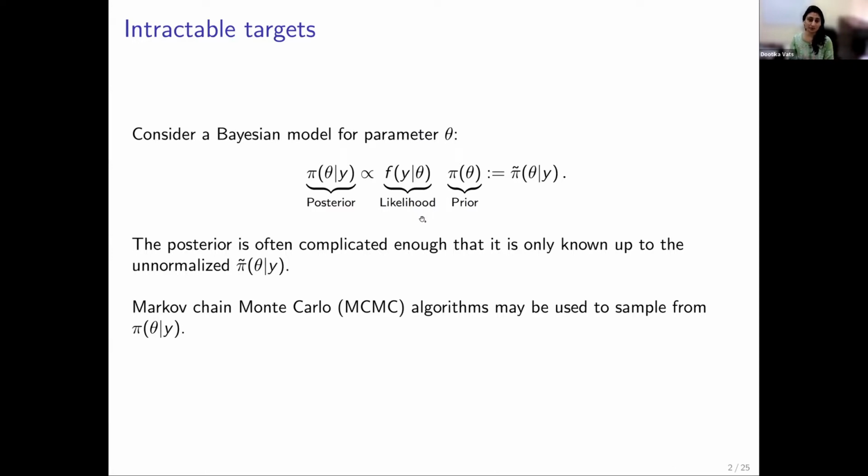We may have some prior opinion about a parameter theta, which is encoded in the prior distribution over the parameter space. And having observed the data, we update the information in the prior through an application of the Bayes theorem. And that gives us a posterior distribution, pi theta given y.